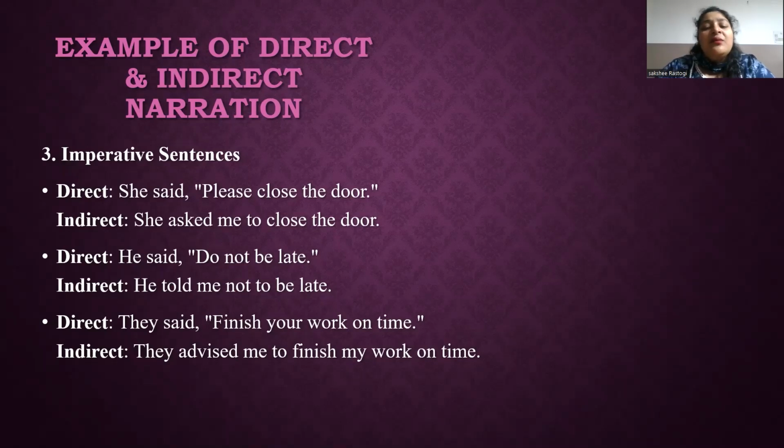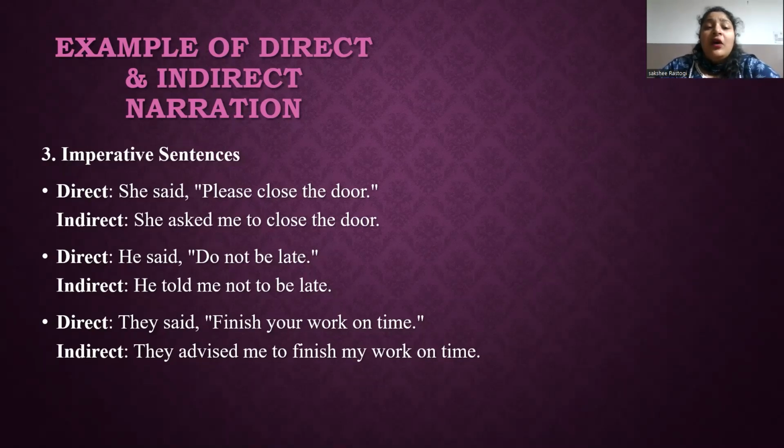What are nested imperatives, direct and indirect, coming from? Like, "Tell him to go to his room," she said. This is direct narration. She told him to go to his room, which is indirect narration. "Ask her to pass the salt," he said. So this is direct narration. He asked him to ask her to pass the salt. So this is indirect narration.